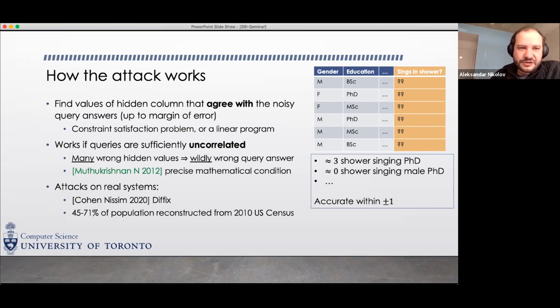And if they allow reconstructing year of birth up to an error of ±1, so if they allow an error of 1 year in terms of when you were born, then under that weaker form of reconstruction, you can reconstruct the raw data of 71% of the population, which I think incentivized the US Census to move to techniques with formal privacy protection like differential privacy.